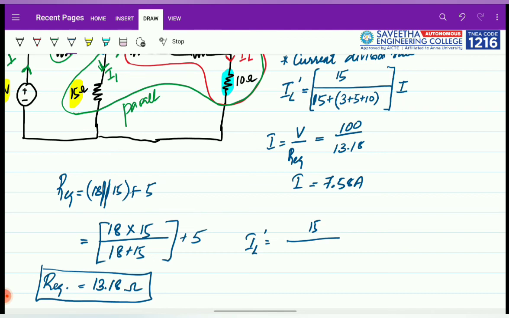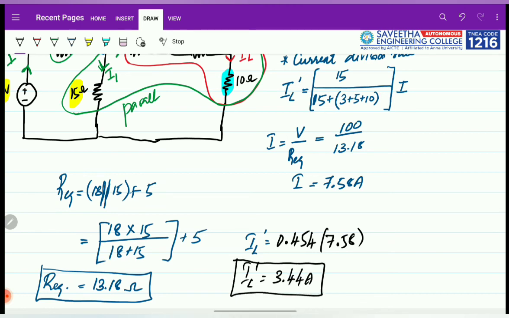You will get 0.454. 0.454 into the value 7.58, so we get it as 3.44. 3.44 ampere is the current through the 10 ohm resistor, considering only one source.